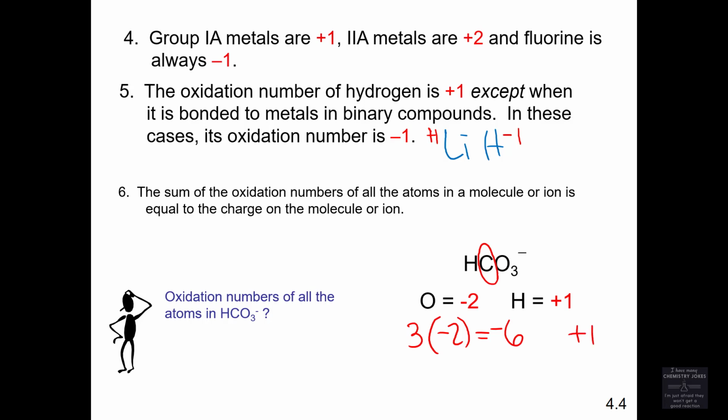So if we write it in the order of the ion, it's +1 plus carbon's unknown plus -6, all has to equal -1. If you do the quick addition and subtraction there, carbon ends up being a +4 in this compound. Carbon is something that can have quite a lot of oxidation states. You need to use the things that it's bonded to determine carbon's oxidation state.